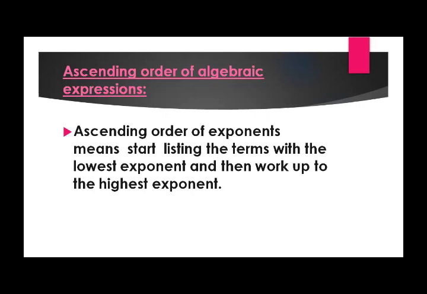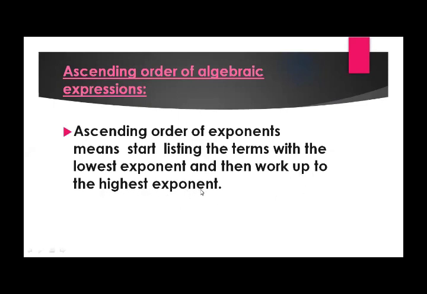There are two different ways of arranging or giving order to the polynomial or algebraic expression. The first one is ascending order. According to the definition, ascending order of exponents means start listing the terms with the lowest exponent and then work up to the highest exponent.